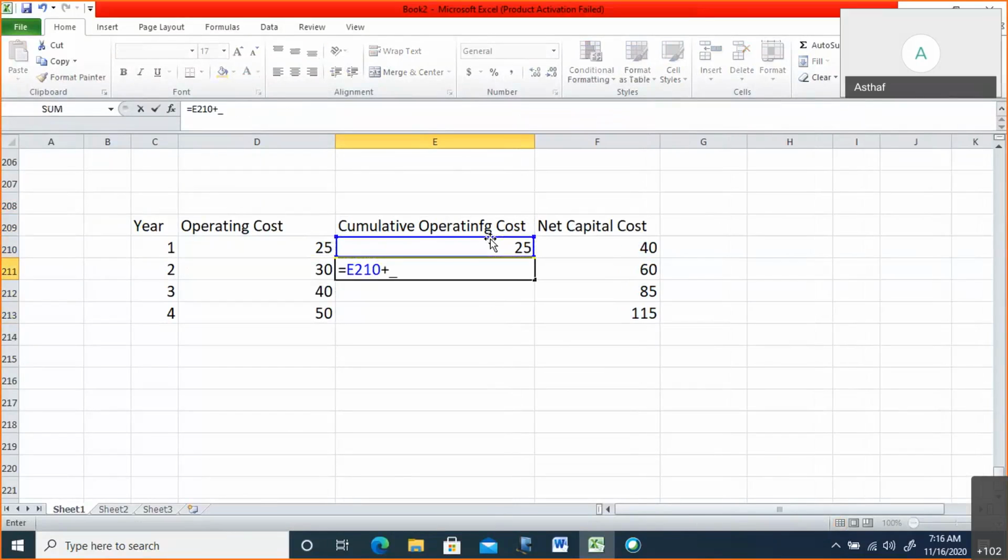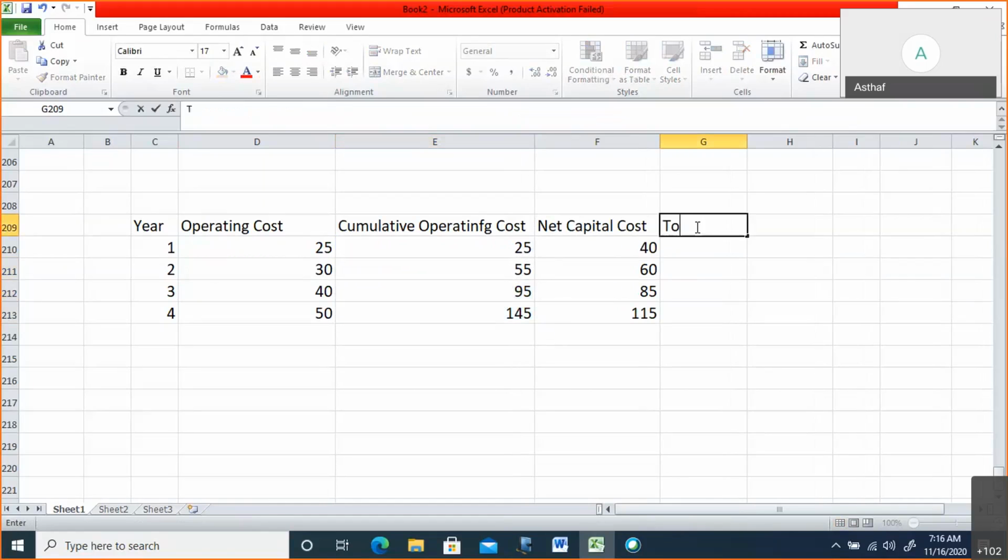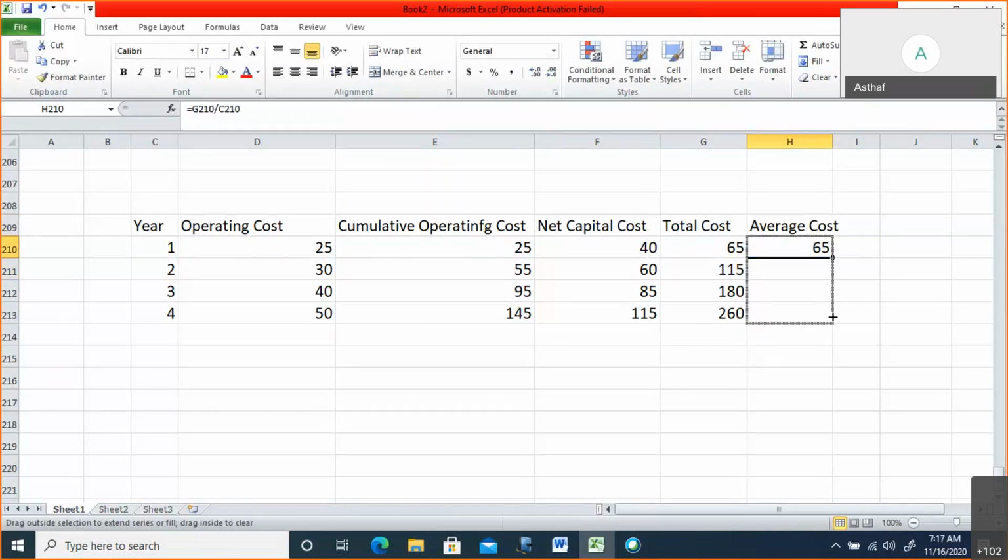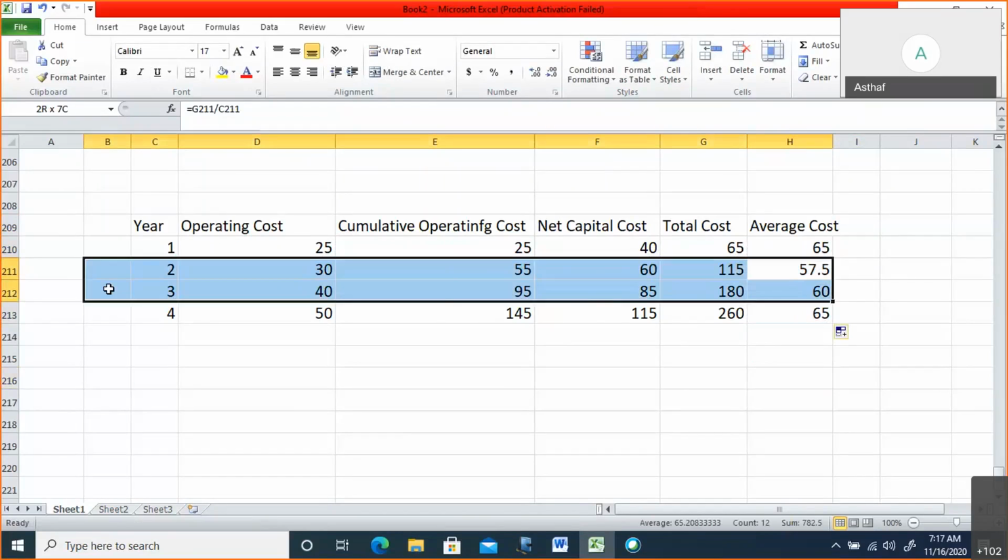See, same steps. See, the answer is the optimum replacement.